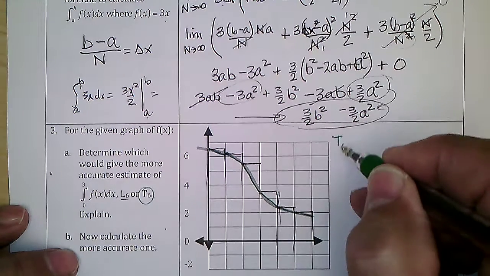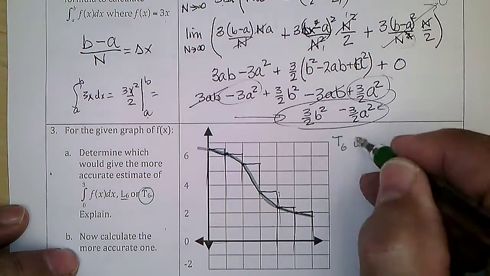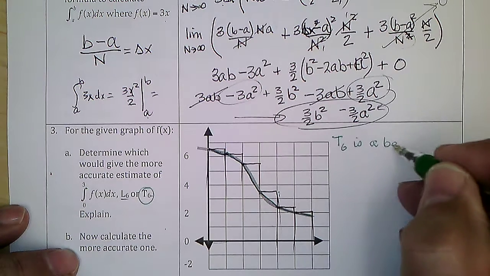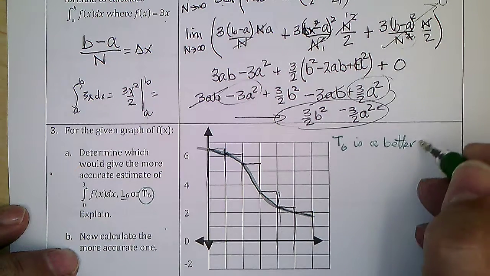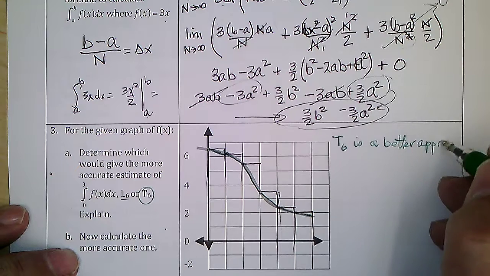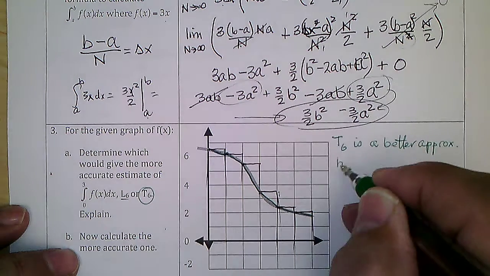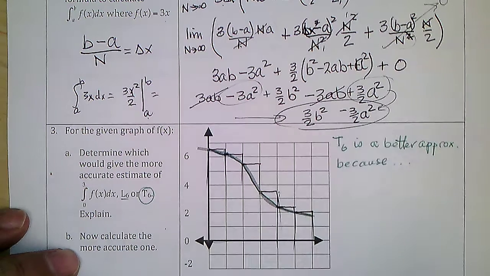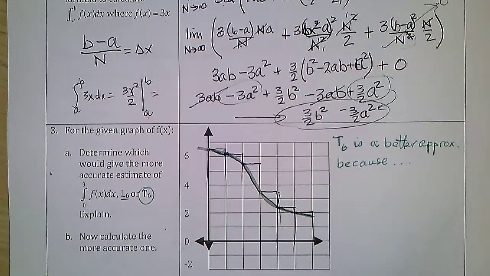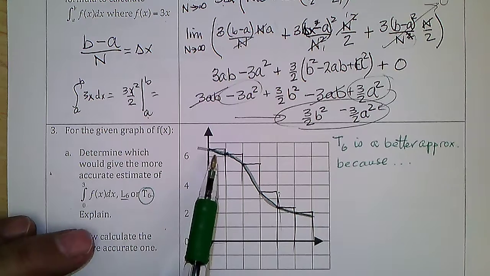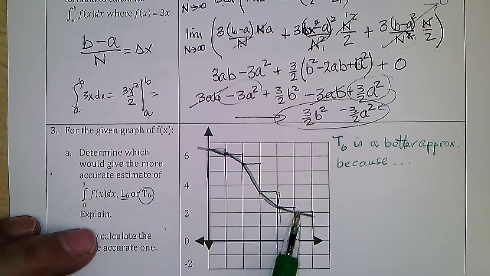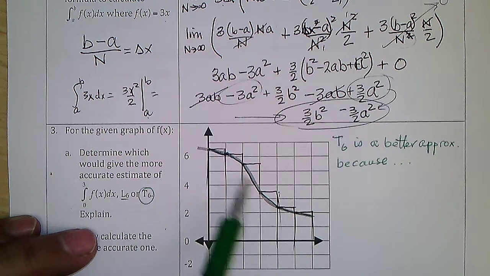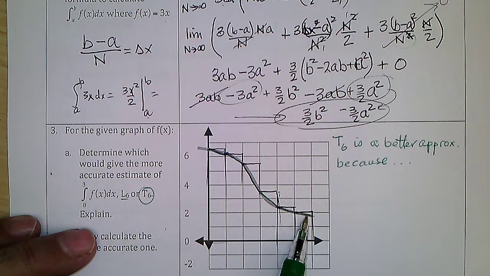So T6 is a better approximation because, now I could say several things here. I'm just going to state them: from the picture, the L's have a lot more extra than the trapezoids.